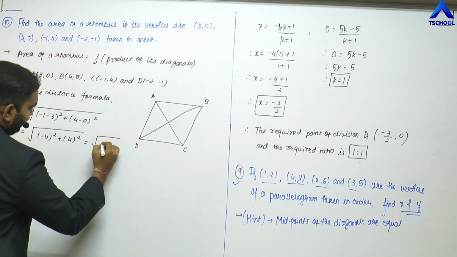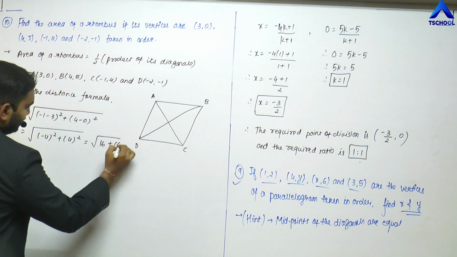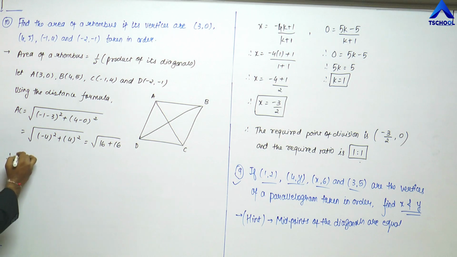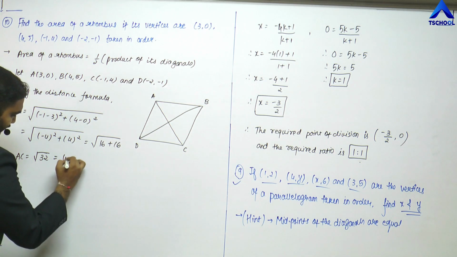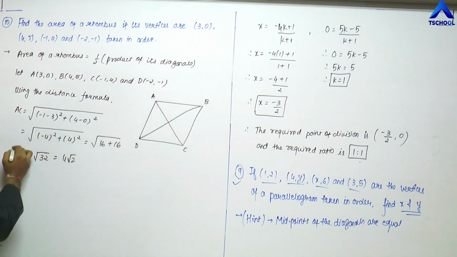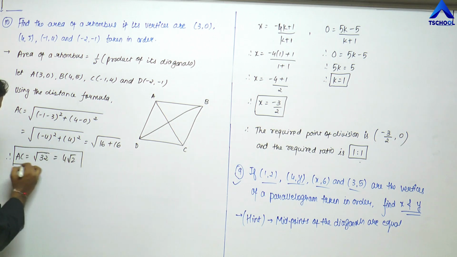So square root of 16 plus 16, that is 32. Therefore AC is equals root 32, or you can also write it as 4 root 2. So we got the first diagonal AC as 4 root 2.